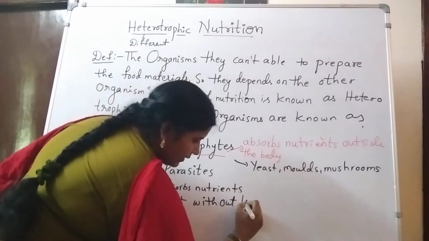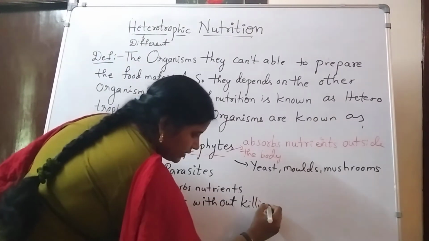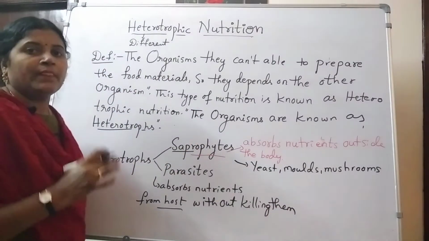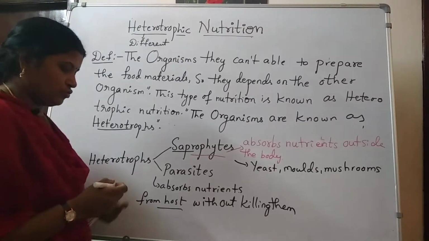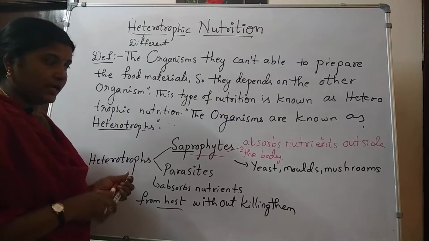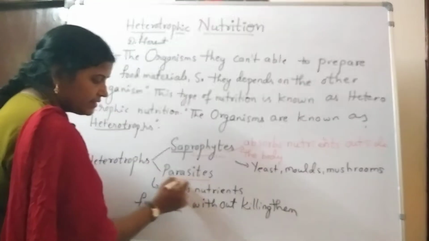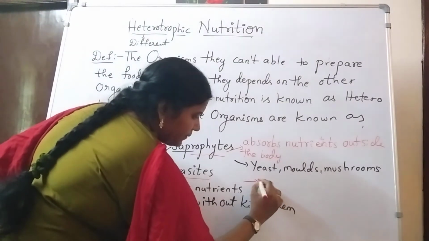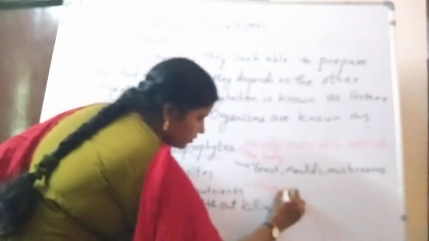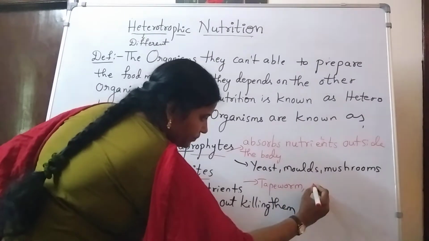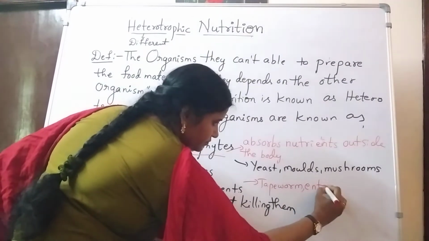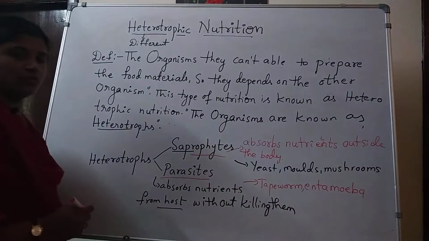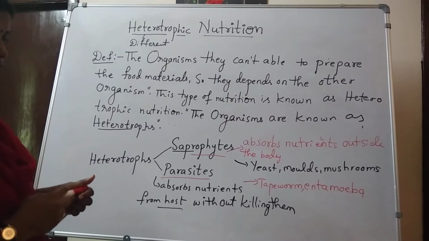They absorb all the nutrients from the host. What are examples of parasites? Tapeworm, entamoeba. These all are parasites. So this is heterotrophic nutrition.